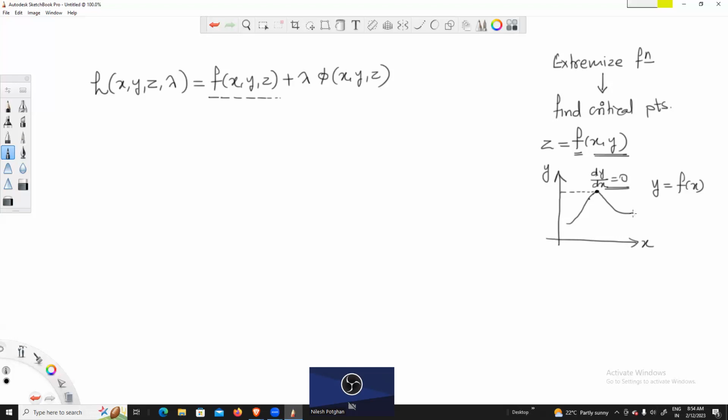The same case holds with minima also. Suppose this function grows like this. At this particular point, again dy by dx, the rate of change of y with respect to x, becomes 0. So dy by dx equal to 0 does not only mean the maximum, it may mean the minimum. And remember, it cannot be the global maximum or global minimum.